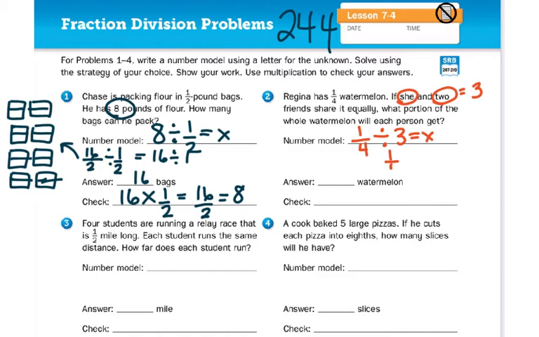Let's go ahead and keep 1/4. We're going to change 3 into a fraction. We want to keep fourths the same. Multiply by 3. 12/4 is the same as 3 whole. So then I divide 1 divided by 12 is 1/12.